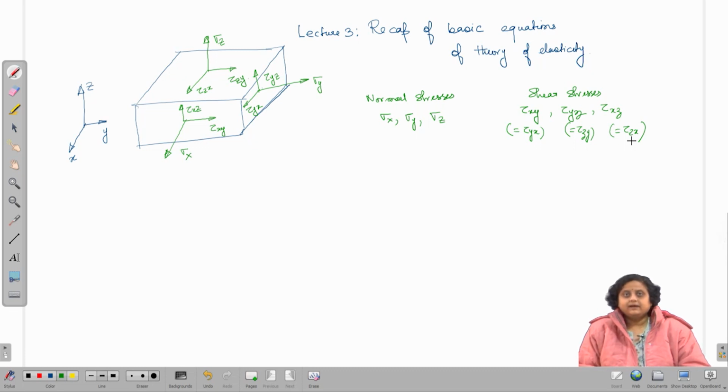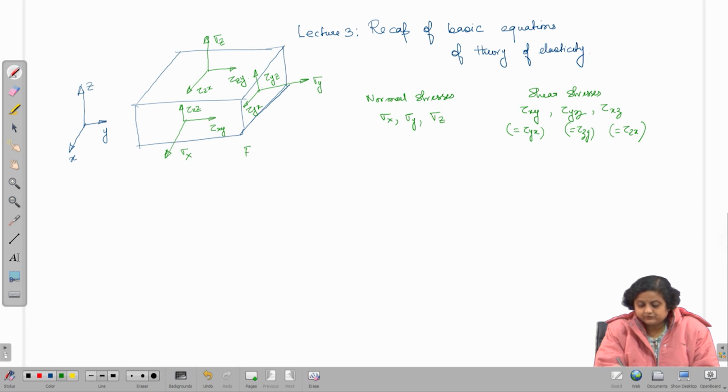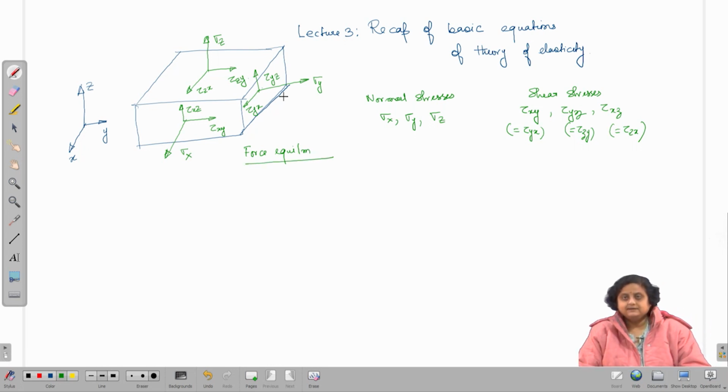Now, from the equilibrium of this 3D generic body, from the force equilibrium of this 3D body, we can write down 3 equations of equilibrium.